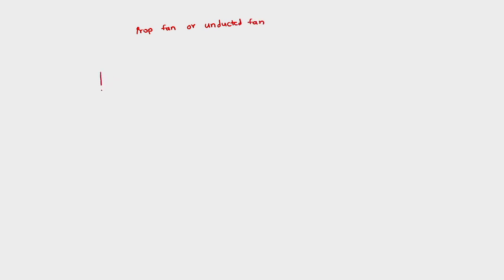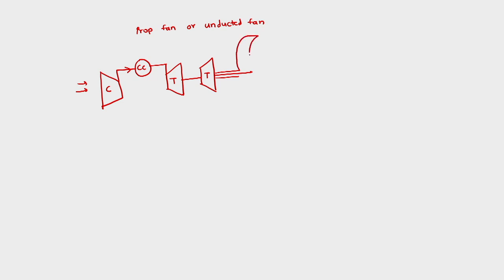So this engine basically has a compressor which will take the air and then it will go to the combustion chamber, and after the combustion chamber there is a turbine, and then there is one more turbine, and then there will be one propeller fitted and connected to the low speed turbine, and one propeller connected to the high speed turbine, like this.